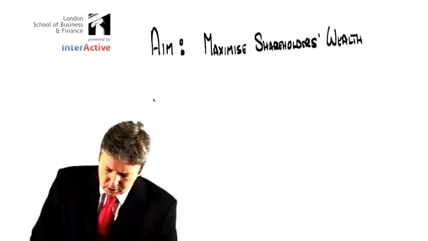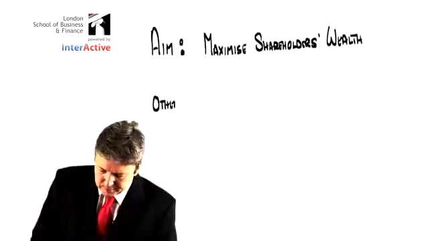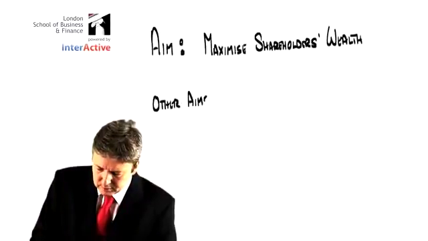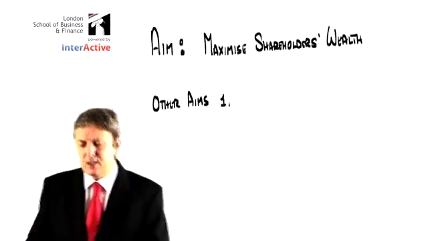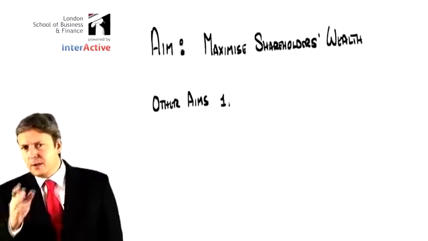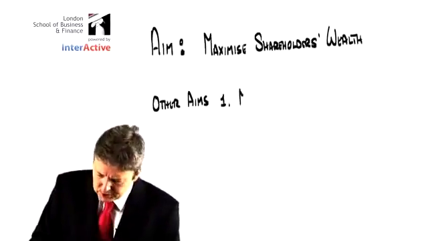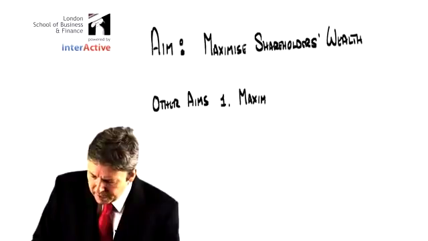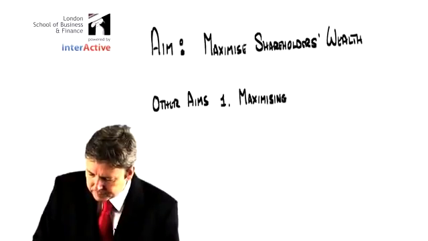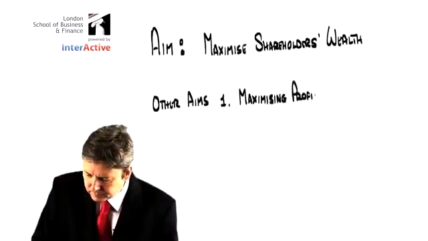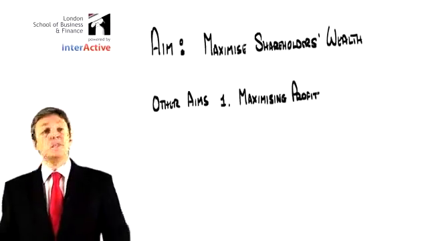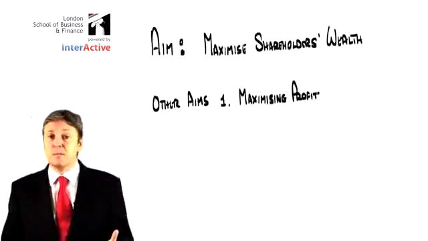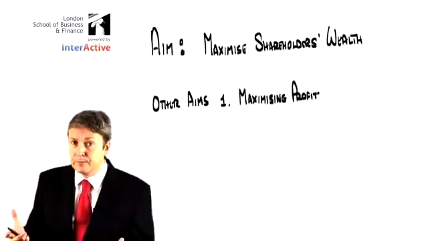If we were to look at other aims, ones that are maybe related to what we're doing here, I think most of us would understand the idea of maximizing profit. Is maximizing profit the same as maximizing shareholders' wealth?